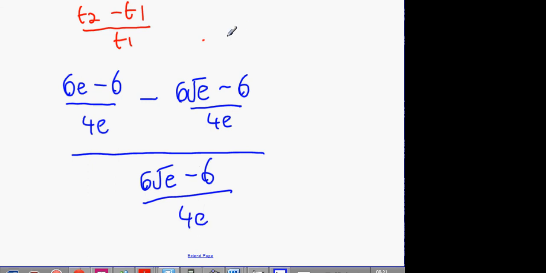The top and bottom have the same denominator. It means they can go. The 4e's disappear right away. Going to put this one in brackets.